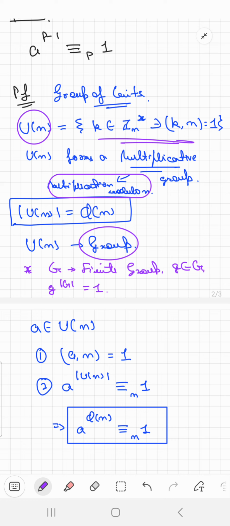But this structure is pretty easily defined once you know the concept of a group. Why do we necessarily need U(n) to be the collection of elements which are co-prime to n? These concepts I have covered in my playlist on important topics in group theory. You can surely go and visit that.